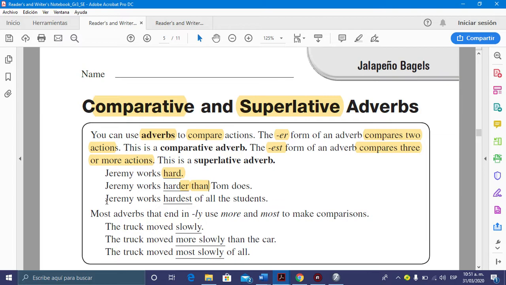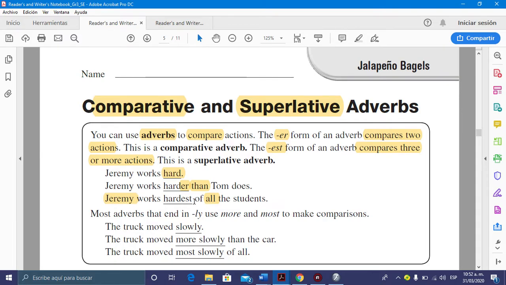Let's read the other example. Jeremy works hardest. Hardest of all the students. Here we are comparing more than two things because we are comparing with all the students. Maybe the students are 25 or 26, we don't know, but we are comparing with all the students.